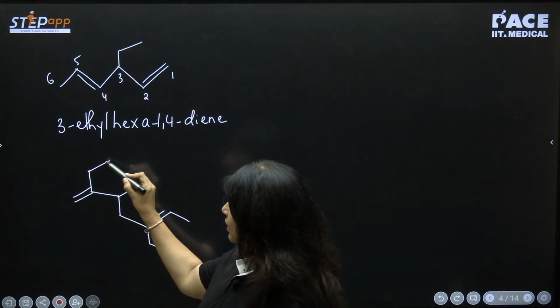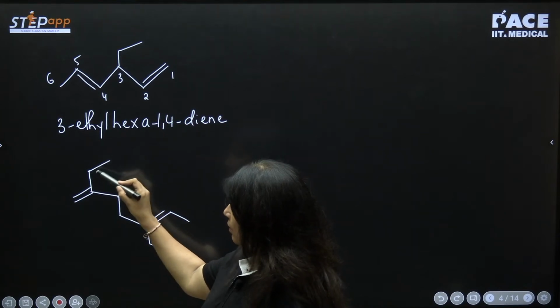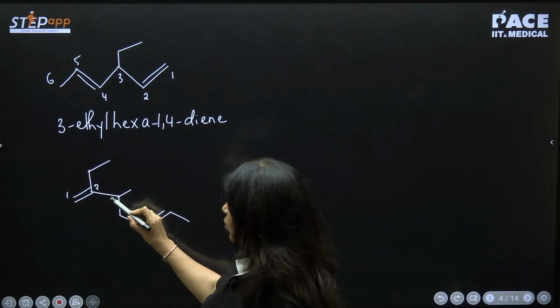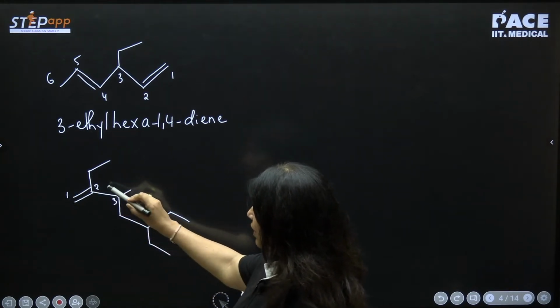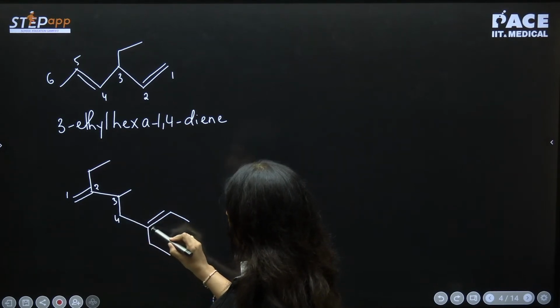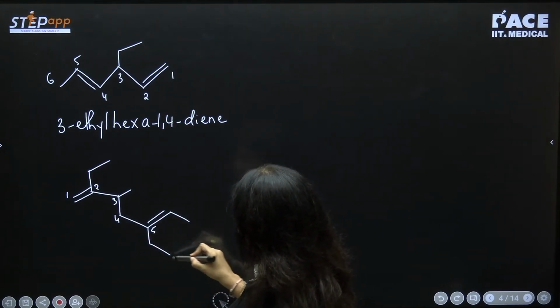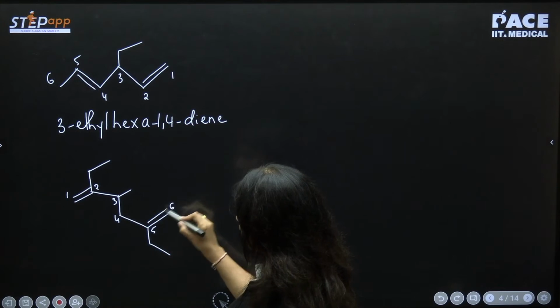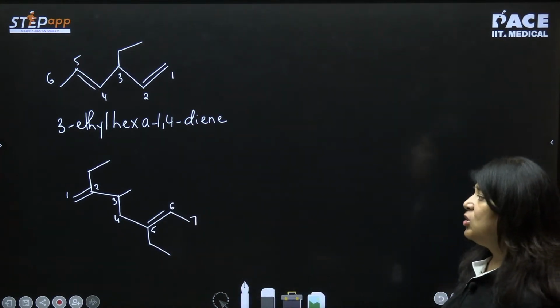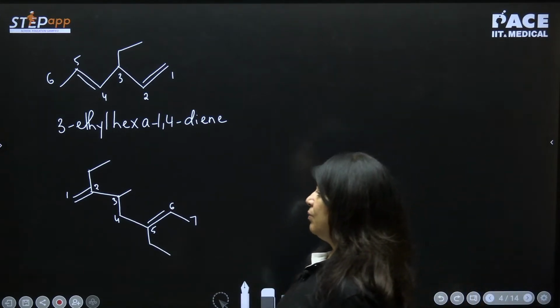So the chain will start from here, 1, 2, 3. This is where you start the longest chain, 1, 2, 3, 4, 5. Don't go down as 6, because this has to be 6 and then 7. So this is your parent chain having 7 carbon.